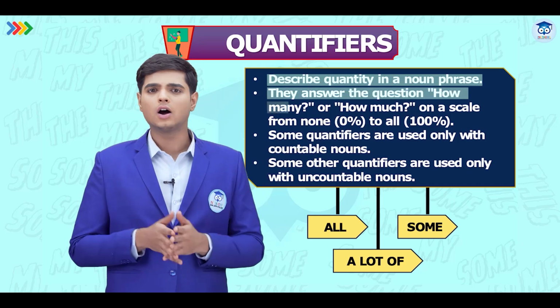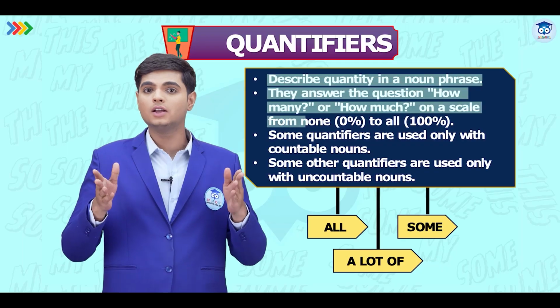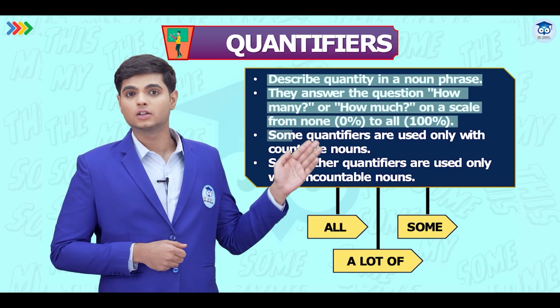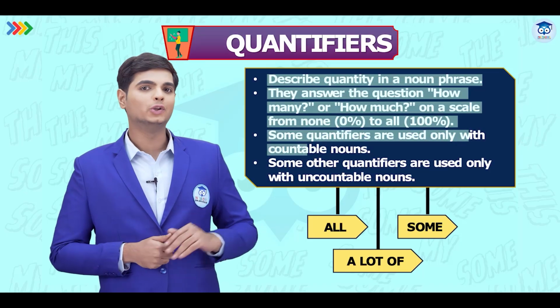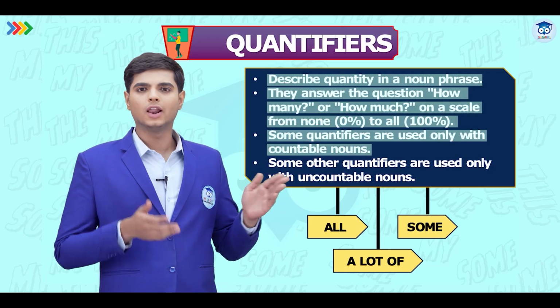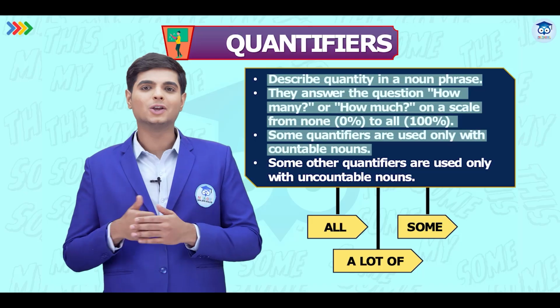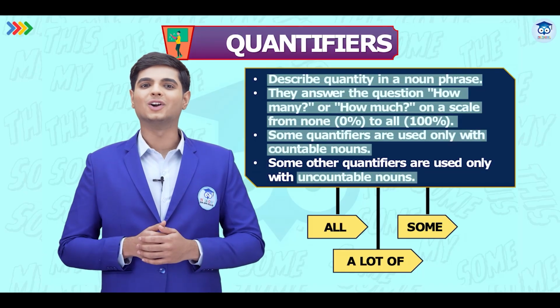They help answer how many or how much on a scale that can range from none, that is 0%, to all, that is 100%. Some quantifiers such as many or few are used only with countable nouns like books or pencils. Others like much or little are used only with uncountable nouns like water or sugar.